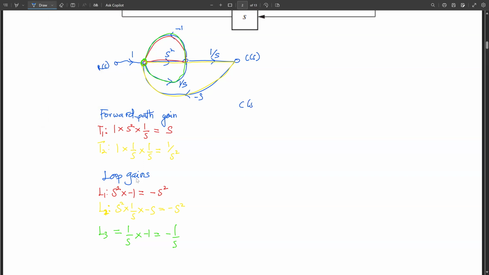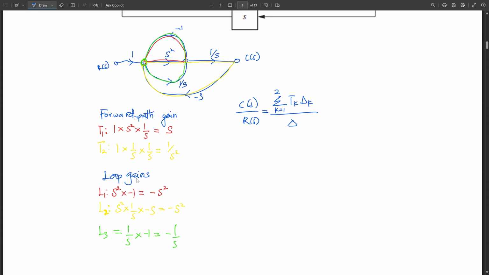We have C of S over R of S gives us the summation as we start K from 1 to the number of forward paths, which we've seen to be 2, T sub K all over delta.